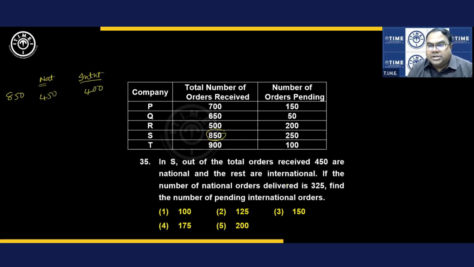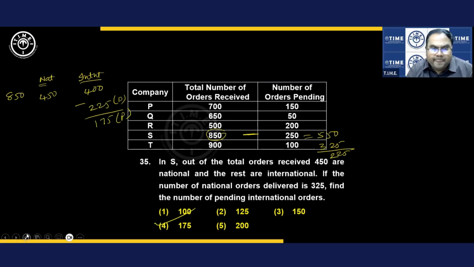If the number of national orders delivered, what are the total orders delivered by S? 850 minus 250, 550. Out of this, national orders delivered are 325. So 225 international orders delivered. So how many are pending? 175 pending. 175 is present in choice 4.